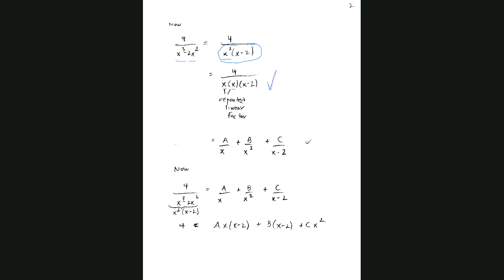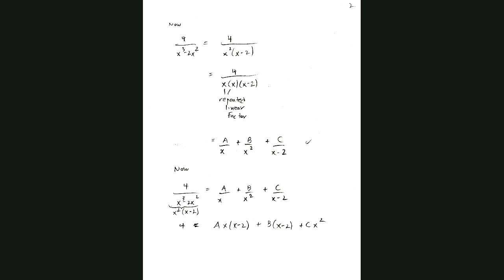I had a quick question. How come we got an x squared for b? Okay, there is a reason for this. You agree that we need an A, B, and a C, right?